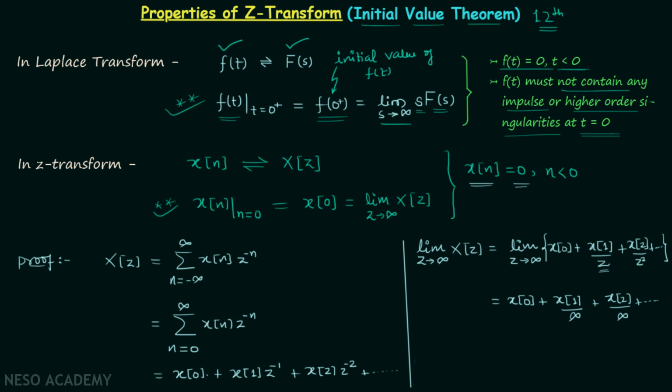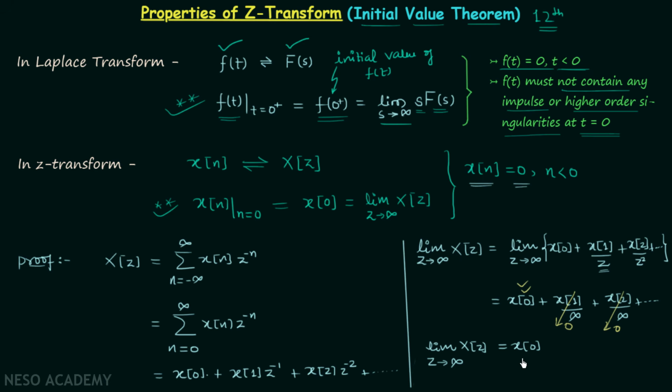And we know when we divide some finite value by infinity, we are going to get 0. So all the terms will become 0 except x[0]. Therefore, finally we are having limit z tending to infinity X(z) equal to x[0]. The same thing we have here.